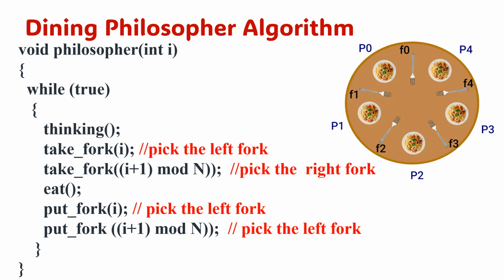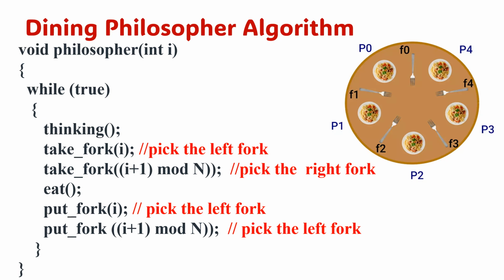For example, suppose P0 comes. He takes the F0 fork first. And before he takes F1, philosopher P1 comes and he takes his left side fork, that is F1. So P0 is now waiting for F1, but P1 has already taken F1 and now he is taking F2.